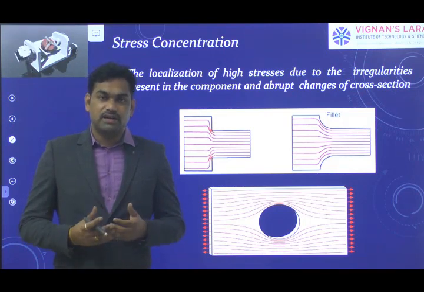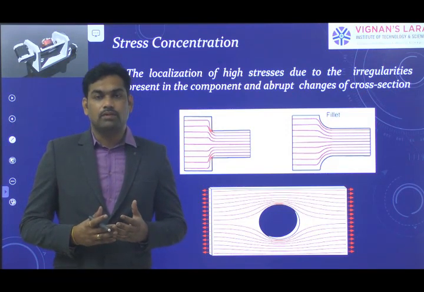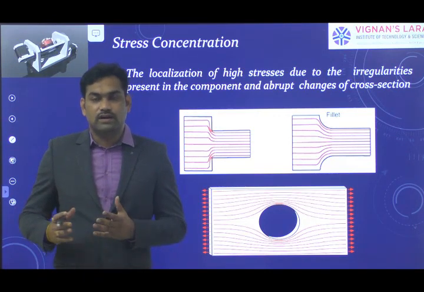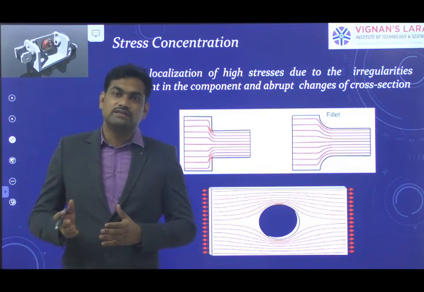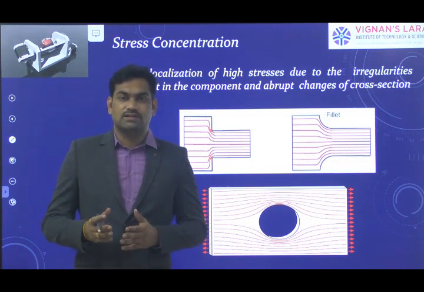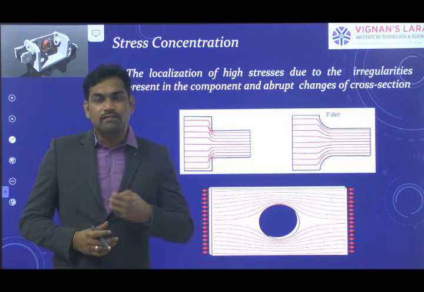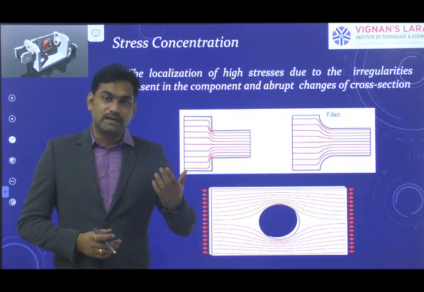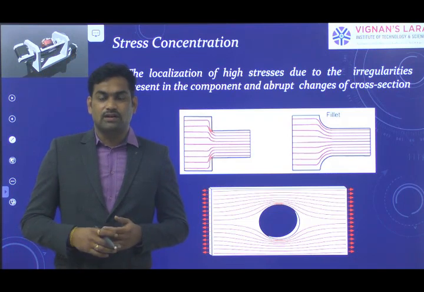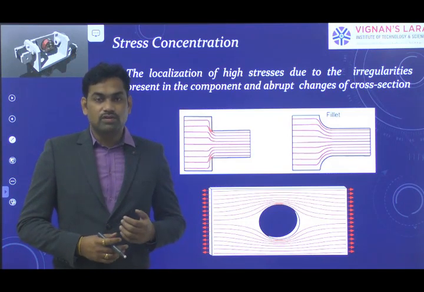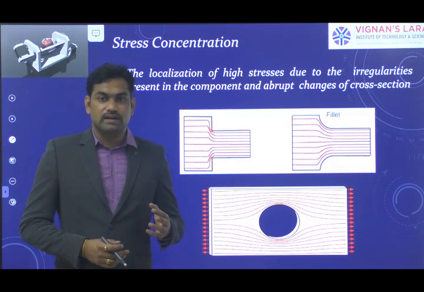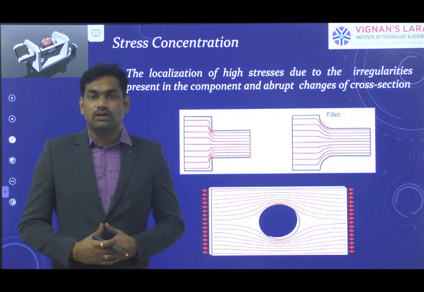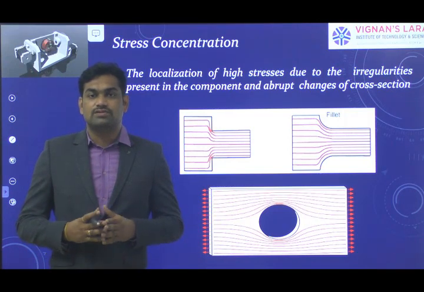If the component is uniform, the stress lines flow smoothly from one direction to the other, so the stress induced at each section is the same. But whenever you change the geometric construction, the stress near the vicinity of the hole is maximum.